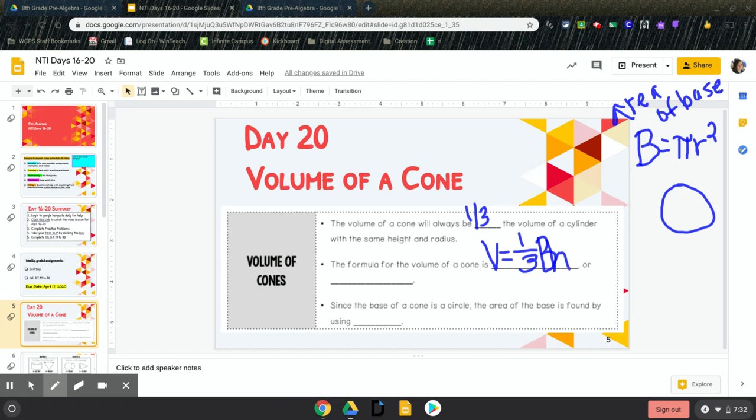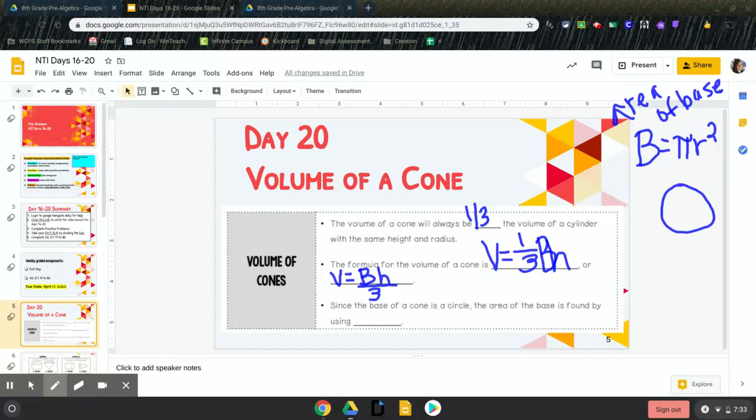Another way you could write this, because this will definitely be easier if you're using a phone for your calculator, is the volume equals the area of the base times the height divided by 3. That might be easier for you to do in your phones.